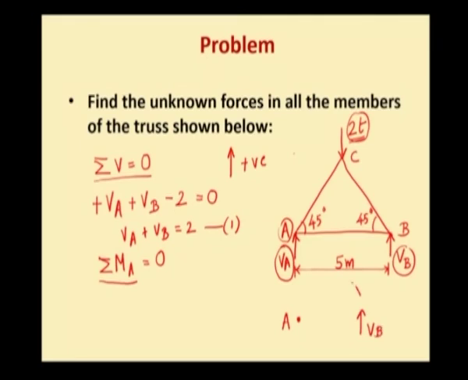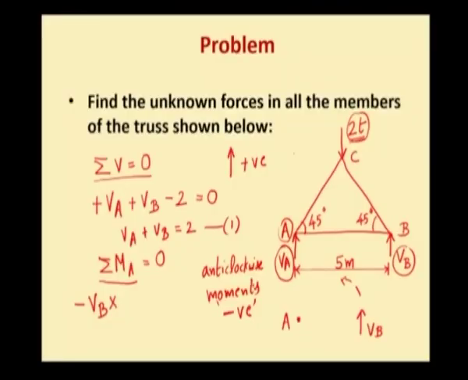So, VB induces an anticlockwise moment about A. We are going to use the following sign convention for moments. Anticlockwise moments will be negative. So, we will be using negative sign for all anticlockwise moments. So, VB induces anticlockwise moment, so minus VB into 5.